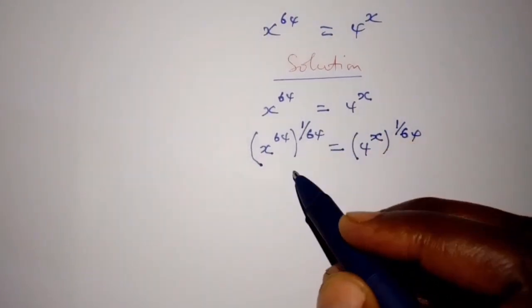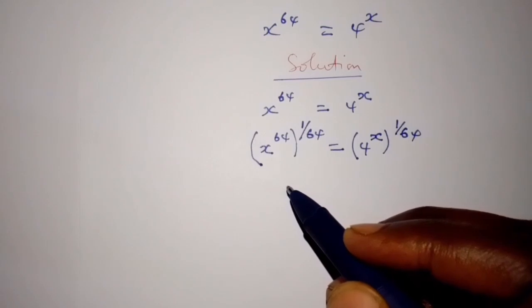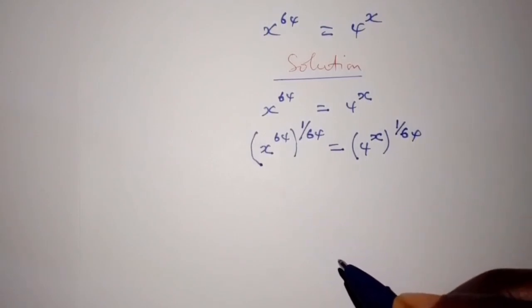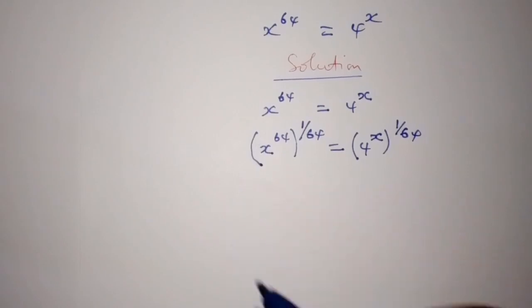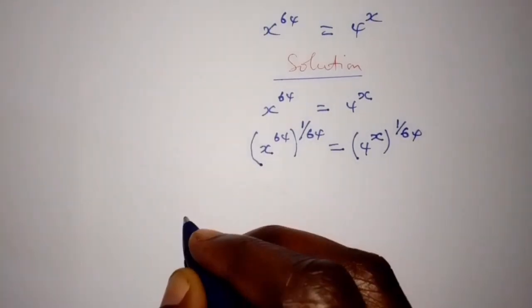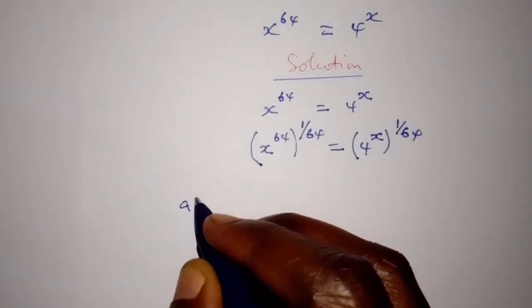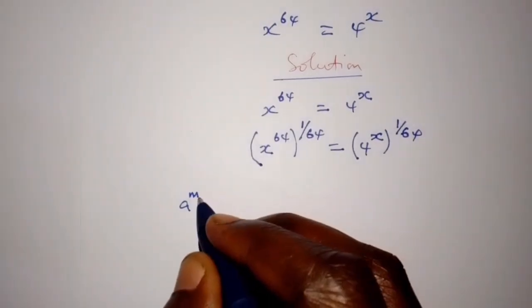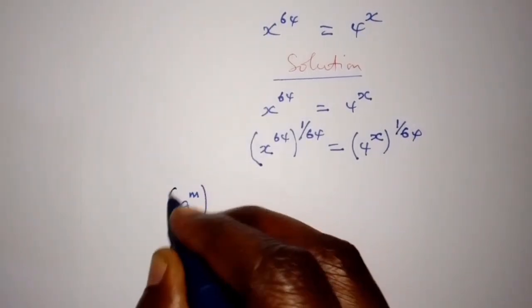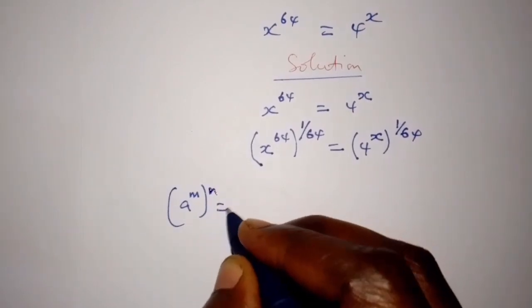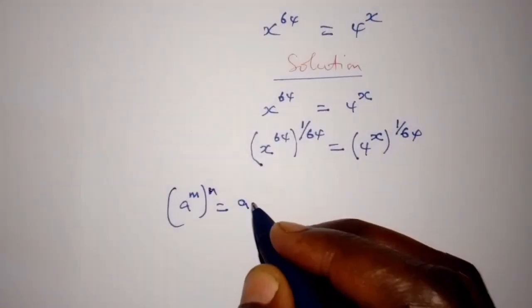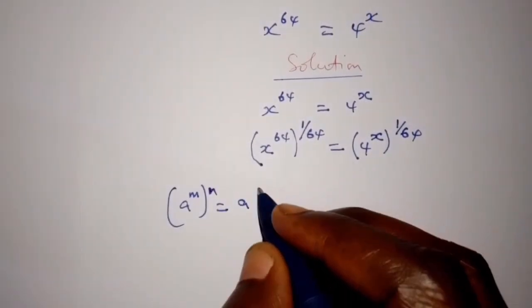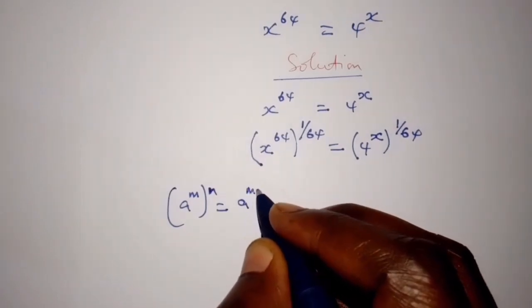From here, we can use the rule that states that a power m, power n is equal to a power m times n.